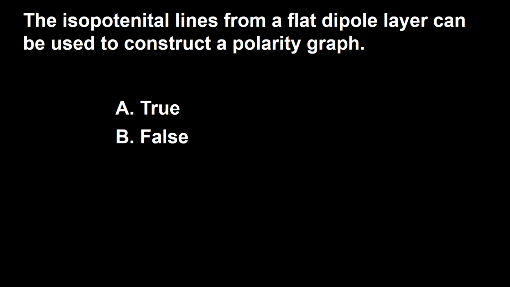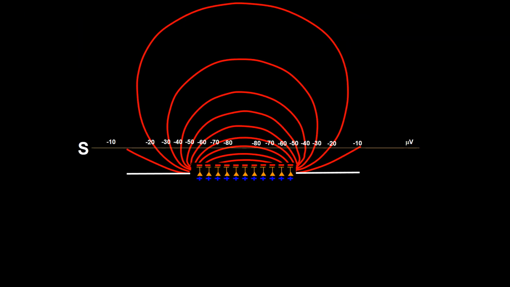Next question. The isopotential lines from a flat dipole layer can be used to construct a polarity graph. A true, B false. In this figure, I have represented only the negative isopotential lines to make room in the lower area to draw a polarity graph.